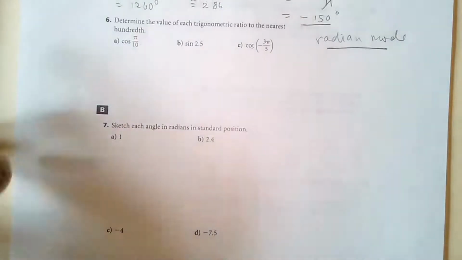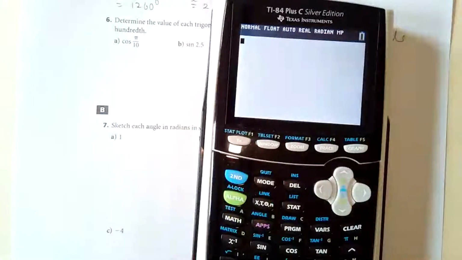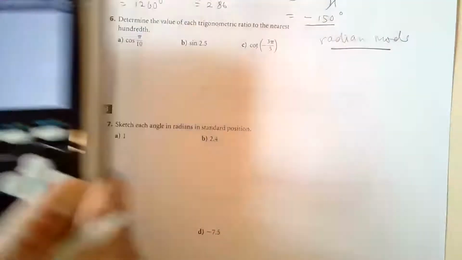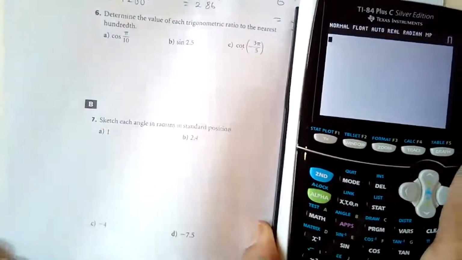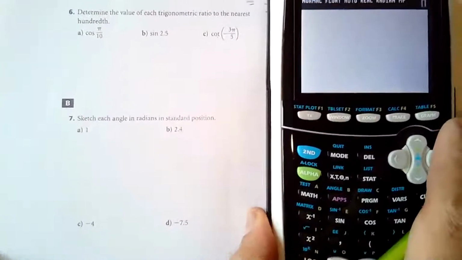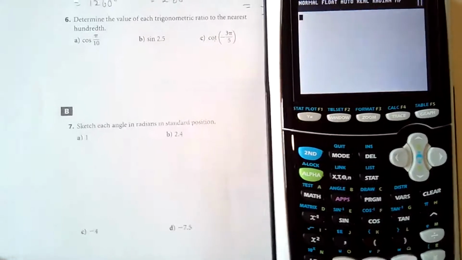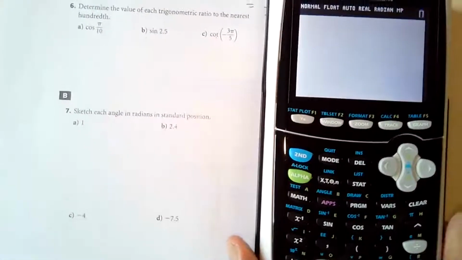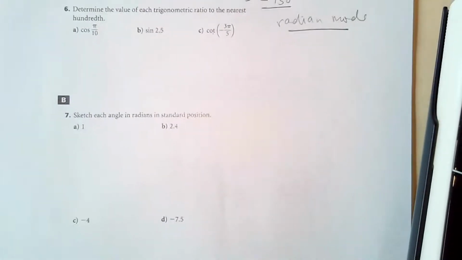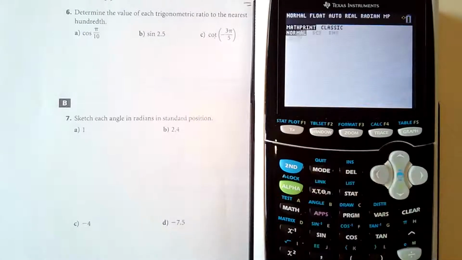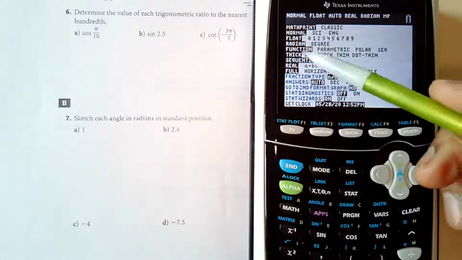So what I meant by that, in this graphing calculator, I have to press mode and then make sure I'm in radian mode, not in degree mode.